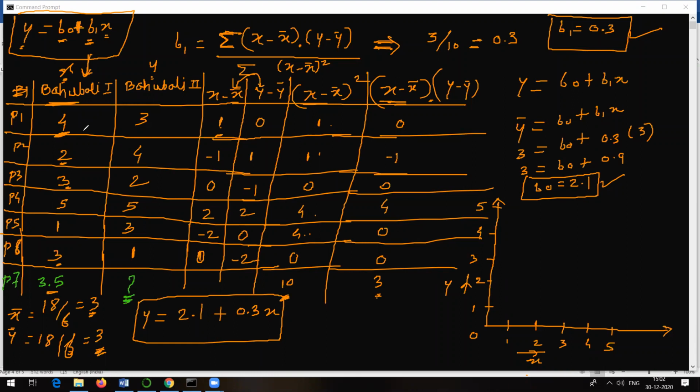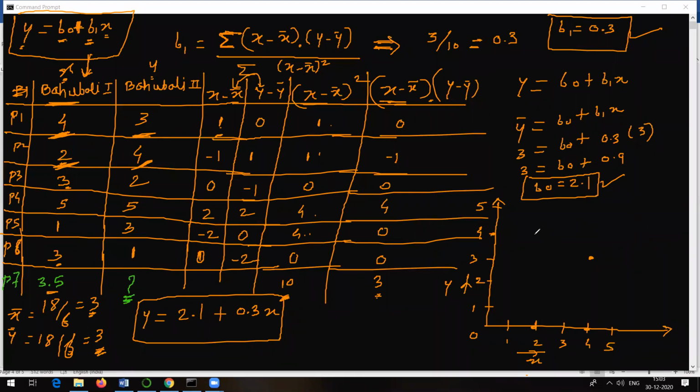Now, what is the first point? First point is 4, 3. Now, how are we going to represent 4, 3? You can check 4 is here and 3 is here. So the 4, 3 point is going to come somewhere here. What is the next point? Next point is 2 and 4. So where is 2? 2 is here. Where is 4? 4 is on the y-axis.